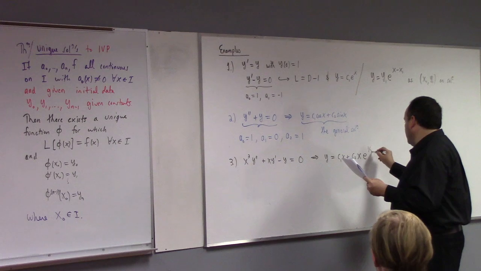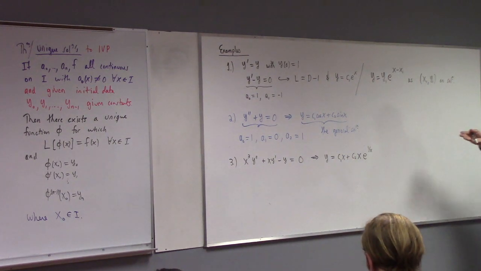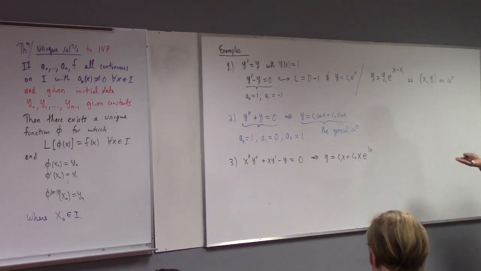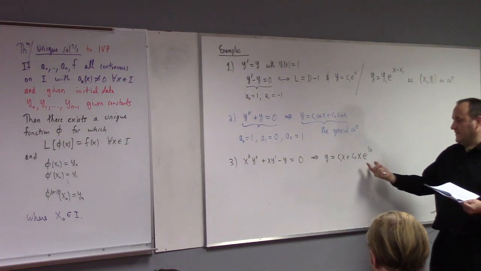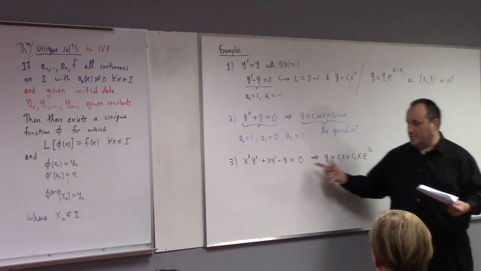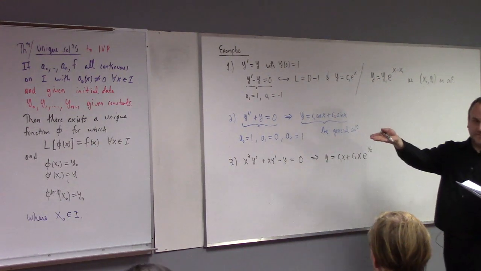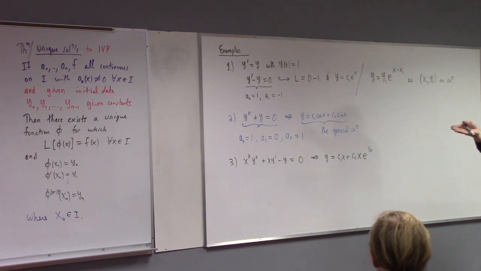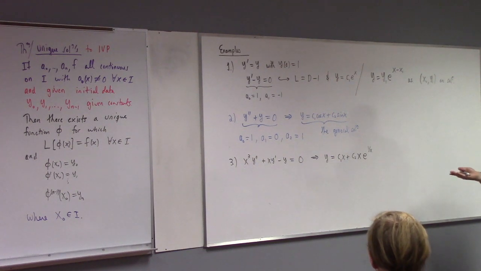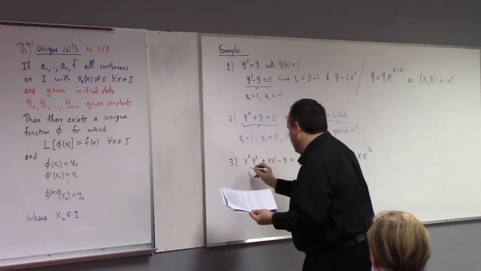And to be clear, I haven't explained why. I'm just telling you it's true. You can check that it's true by actually calculating the first derivative of this and the second derivative of that and plugging it back in over here and seeing that it works, right? Going back to our definition for a solution: it's a function that when you plug it into the differential equation, it satisfies the differential equation.